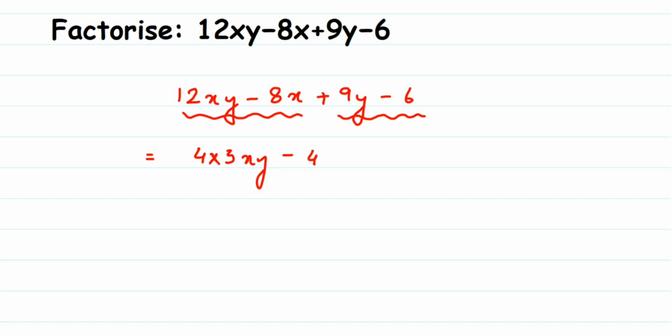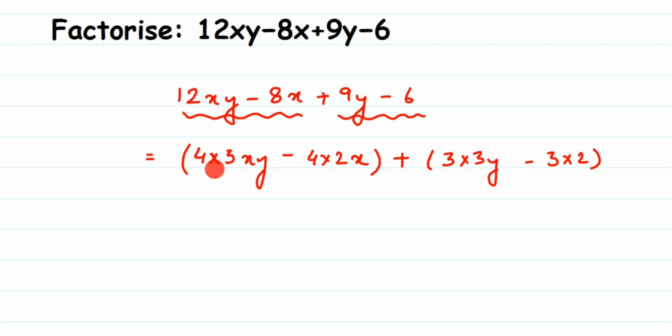So 4 into 3xy minus 4 into 2x, since 8 is 4 into 2. Plus, now 9 and 6 both go in the 3 table. So I'll take 9 as 3 into 3y minus 3 into 2. You could split 4 further into 2 into 2, but I want to take 4 common out here. That's why I've written 4 into 3.